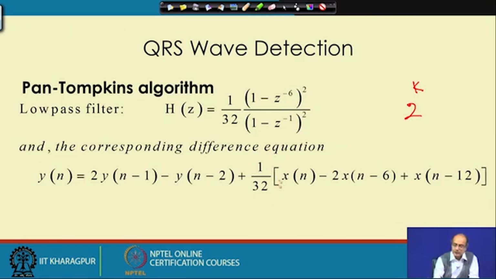So, when it is, say, 1 by 32, that means 2 to the power minus 5. 2 to the power 3 is 8, 2 to the power 4 is 16, 2 to the power 5 is 32. So, 2 to the power minus 5 will give us 1 by 32, and that would be implemented by 5 right shift operations of the register.